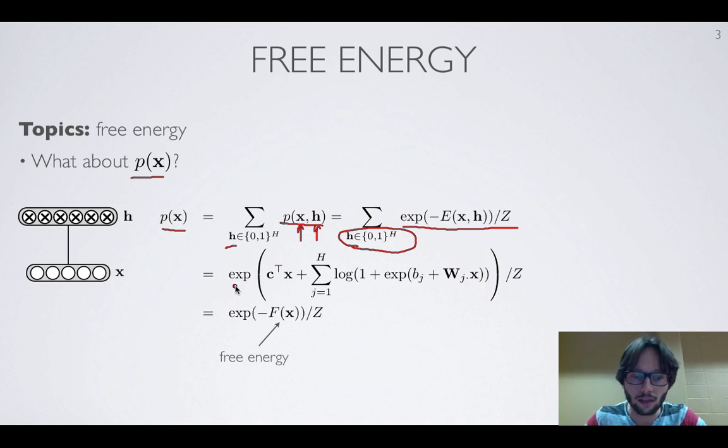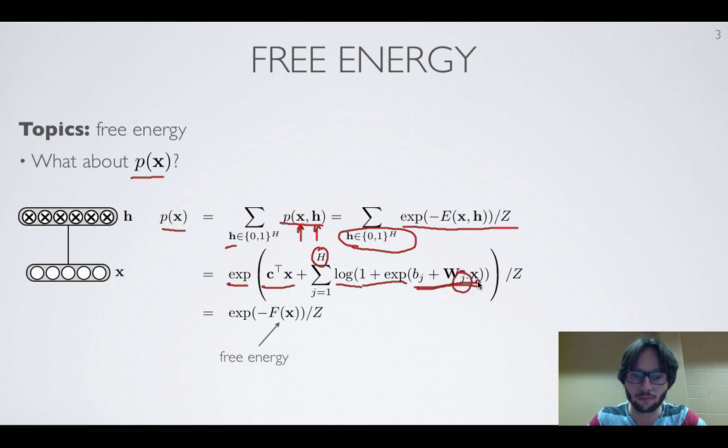So we can write it down as the exponential of a bias term that involves only X and its biases, plus a sum over all hidden layers of the logarithm of 1 plus the exponential of a linear transform of the input, looking at the linear transform for each hidden unit. So in other words, we can write it down as the exponential of a linear term plus a sum over all hidden units of a non-linearly transformed version of the linear transformation associated with each hidden unit.